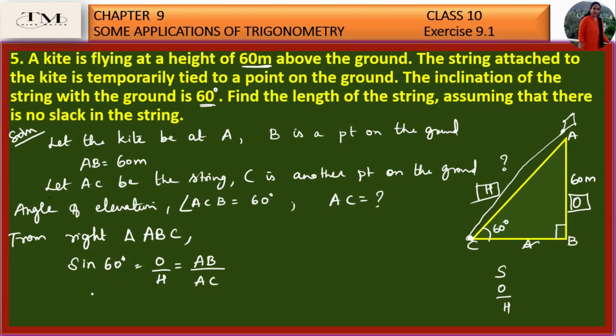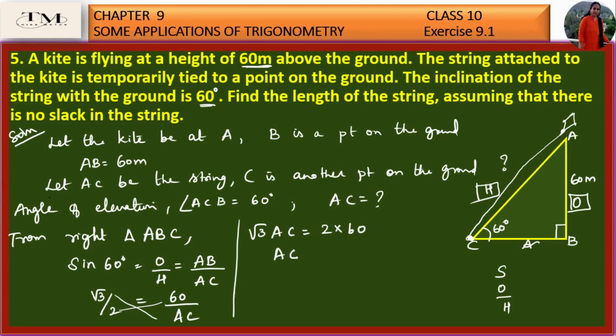What is sine 60 degree? It is root 3 by 2, which is equal to AB, it is 60 divided by AC. Now cross multiply. So root 3 AC equal to 2 into 60. So AC will be equal to 2 into 60 by root 3. Root 3 is in the numerator, so it will come to the denominator.